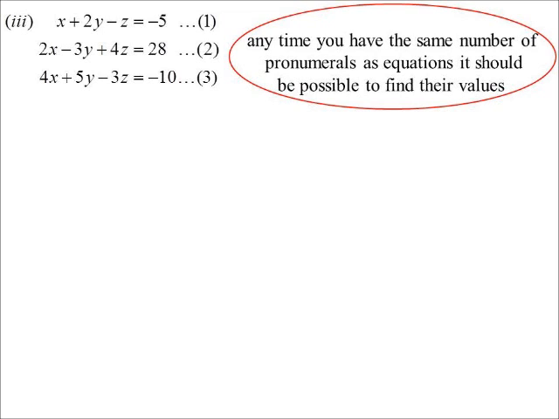So as long as there are three different equations, it should be possible. From a mathematical point of view, this would be 3 lines, but it's in a 3-dimensional number plane. And so these 3 lines going in all different directions, again, would meet at one point, and that's what we would find here. So, all right, let's do it.